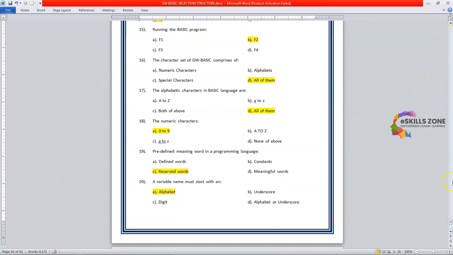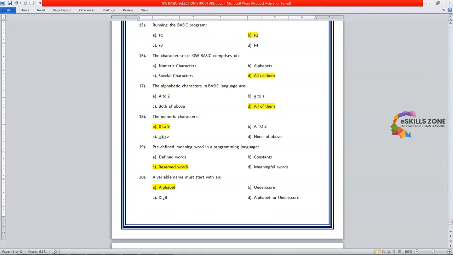Now the next number is number 15, running the basic program. So for running a basic program we again need a function key, and for that the option A is F1, likewise option B is F2, option C is F3, and option D is F4, and the right answer is option B F2.